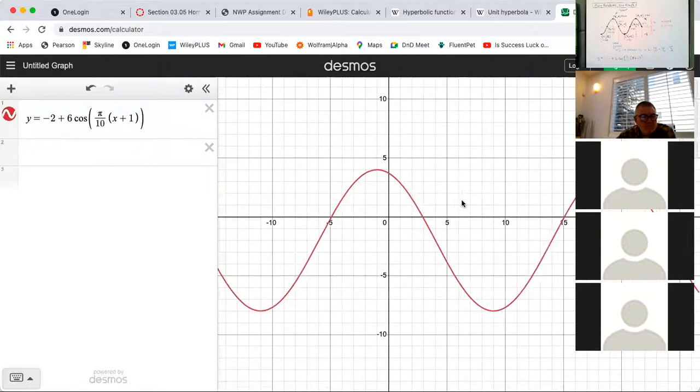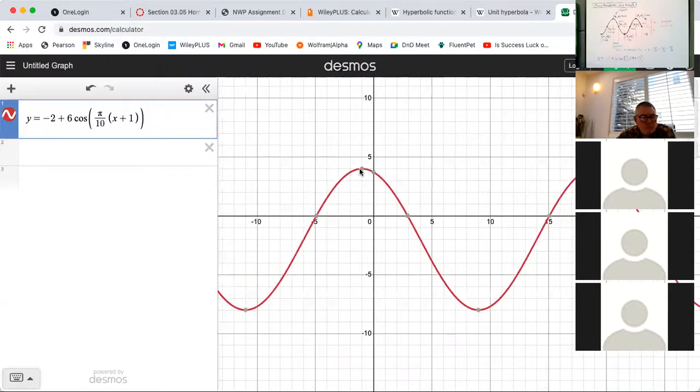Looks like we're zoomed in a little bit. And let's find the highest point, -1, 4. That's what we wanted. The next low point, oh, that's not going to be where the middle is. 9, -8 is the bottom, and then this bottom over here should be -11, -8. The next top is 19, 4. Now notice at this point here, 2.980, that's not the middle. That's not going to be the 4, -2 that I was looking for.